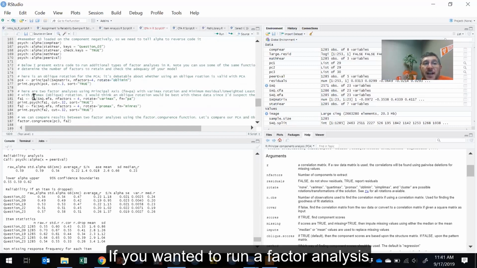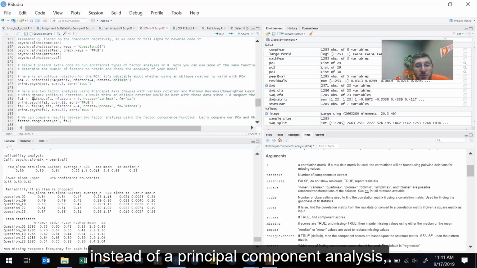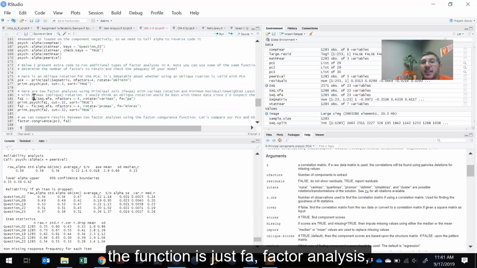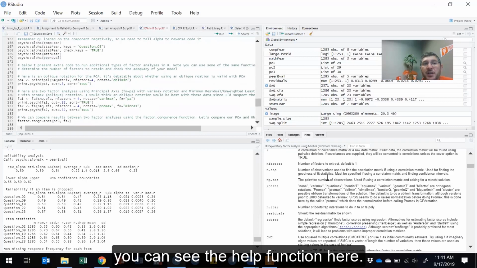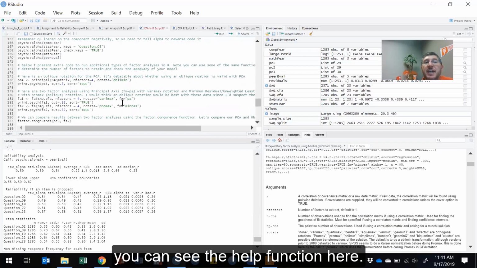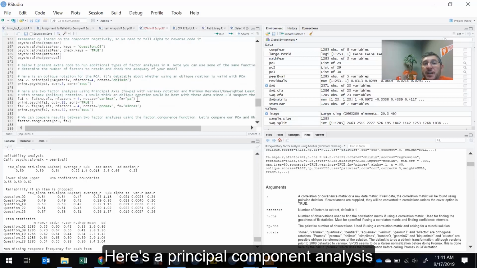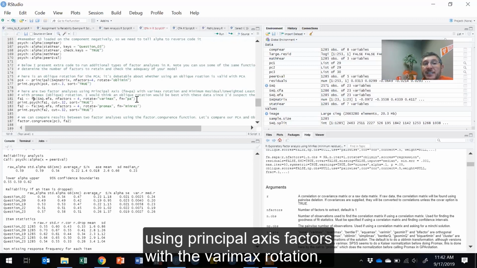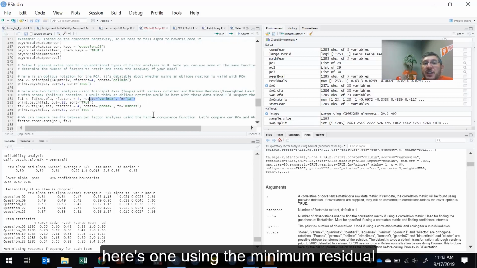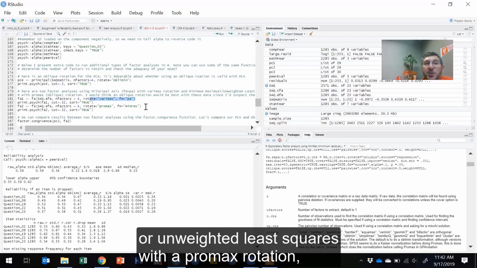If you wanted to run a factor analysis instead of a principal component analysis, the function is just FA, factor analysis. You can see the help function here. Here's a principal component analysis using principal axis factors with the Varimax rotation. Here's one using the minimum residual or unweighted least squares with a Promax rotation.